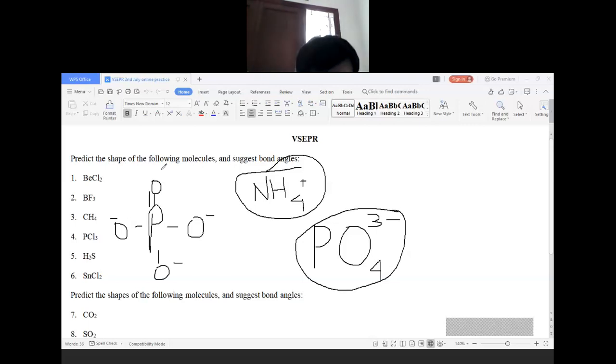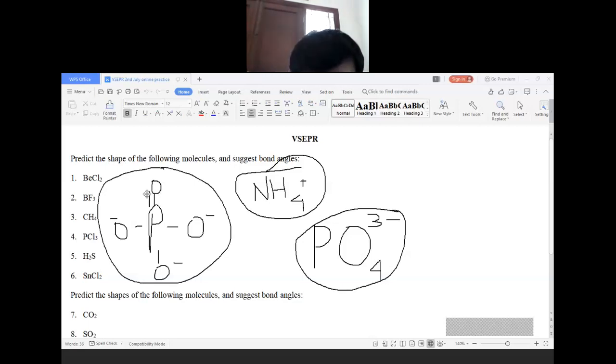This is the structure of phosphate. How many bond pairs? 5. But it seems that it has 4. How come? Because of this double bond.